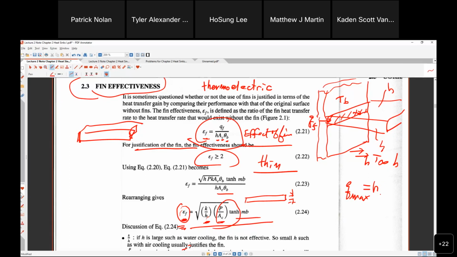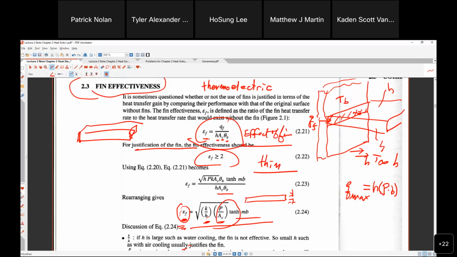What is the area? I think P, perimeter, times B is about area.